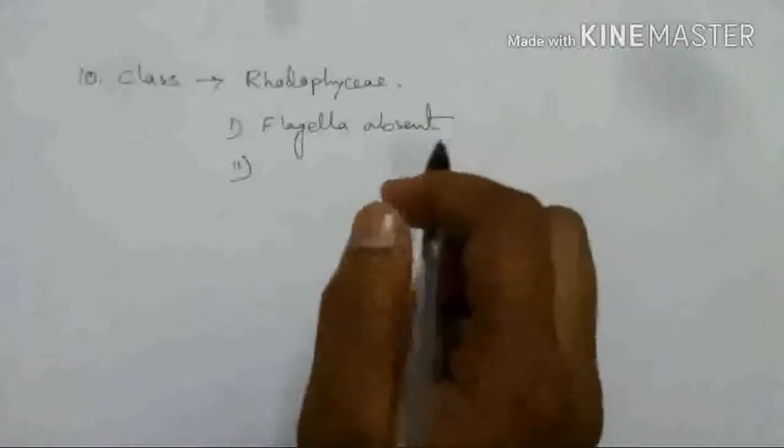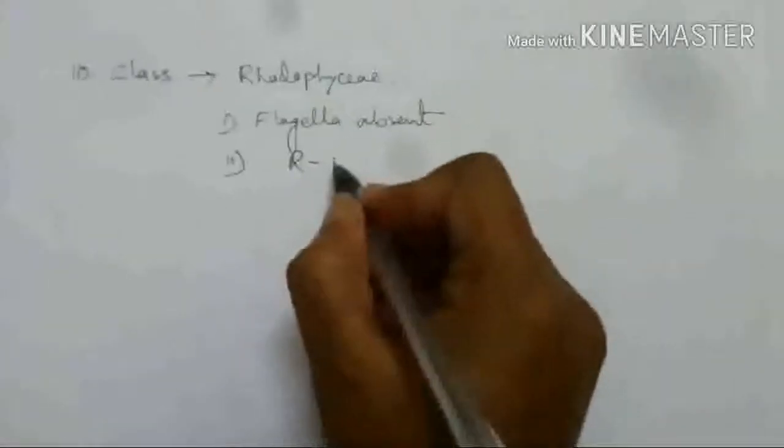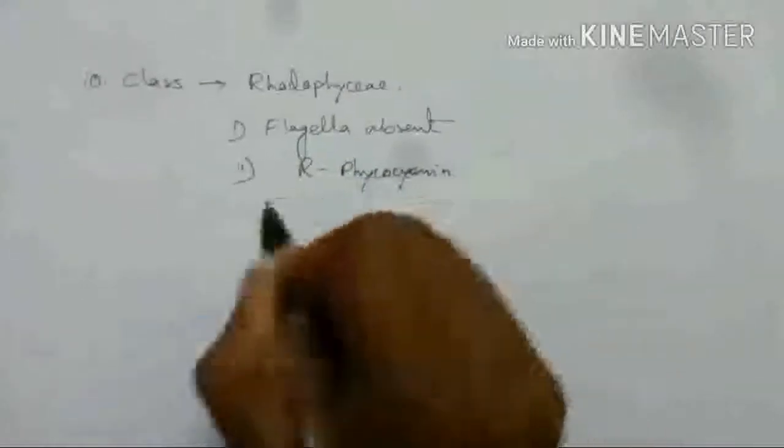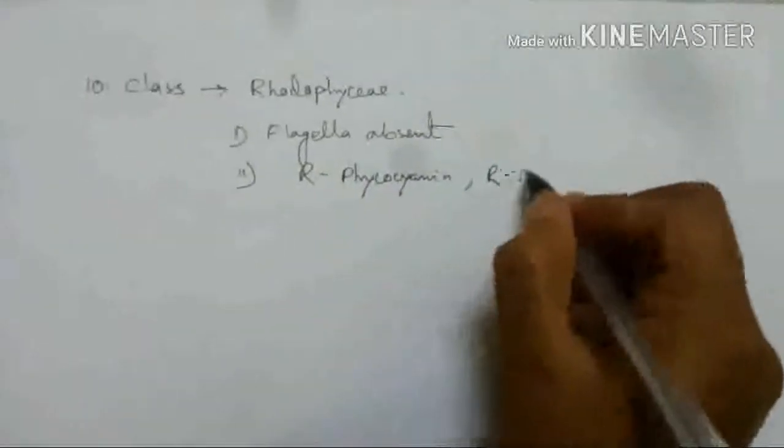The photosynthetic pigments are phycobilins, which are phycocyanin and phycoerythrin.